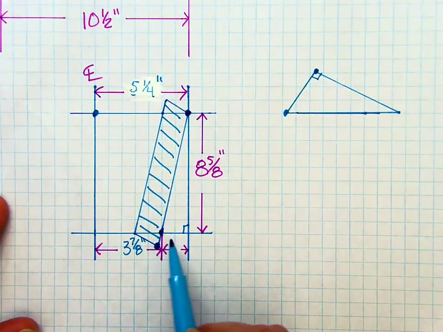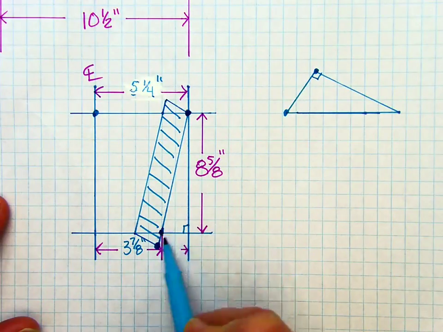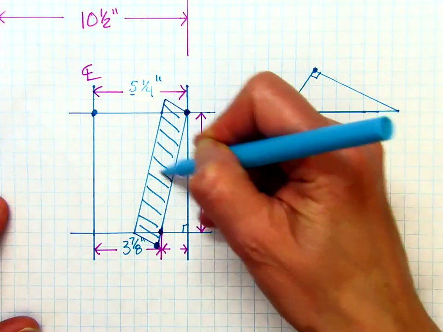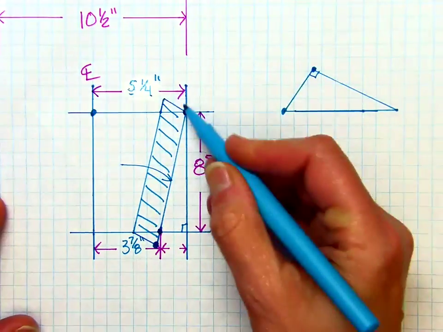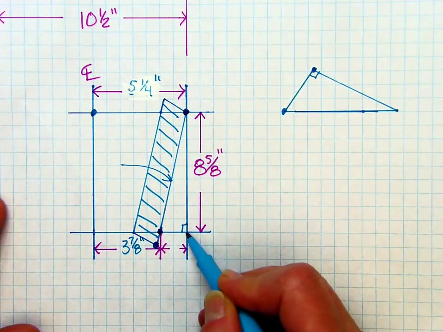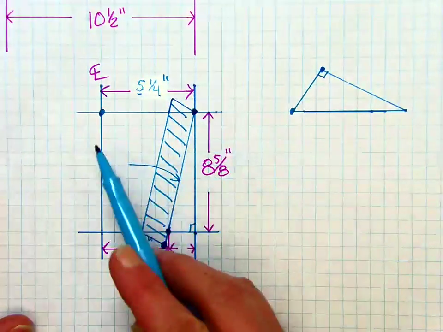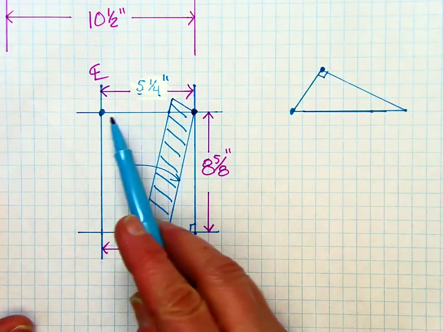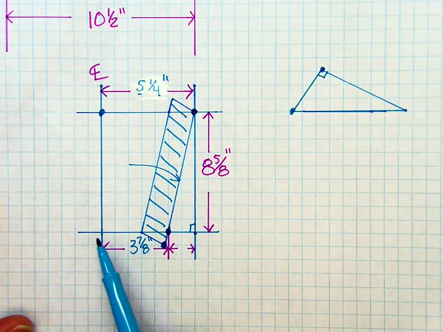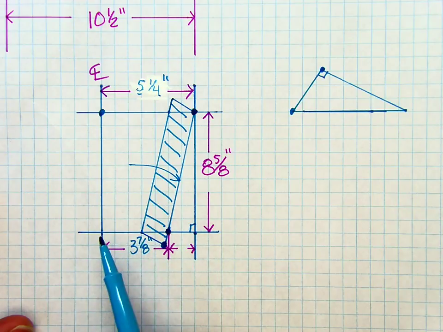Okay. Now for this large triangle, we could figure out this hypotenuse through the Pythagorean Theorem if we know this side here, which we could easily figure out. Notice that this 5 1/4 represents the whole amount. It's the same from here to here. So if we subtract the 3 7/8, we're going to get the remaining amount, which is right there.